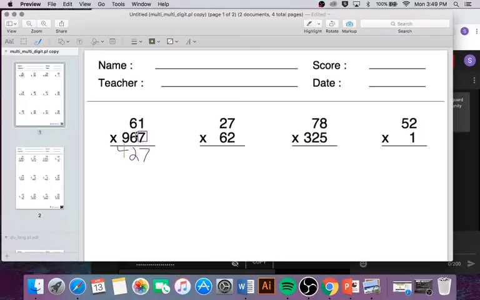We're going to move over now to our 6. So we're going to put a 0 for our place value holder. And then we're going to move over. We're going to do 6 times 1 is 6. 6 times 6 is 36.